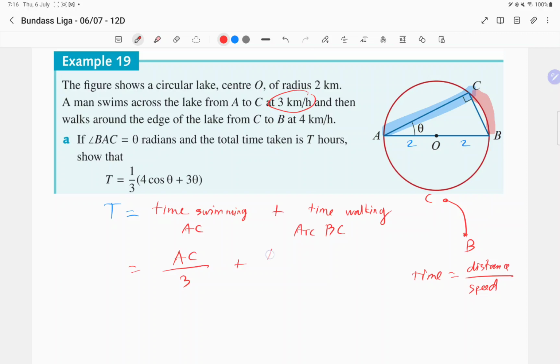And then the time walking is the length of arc BC over the walking speed, which is 4. So far so good? Okay. How do we find the length AC? Now we need to find AC, because remember we want t in terms of theta, because the function is of theta. How do we find t in terms of theta? Well, we need to get AC in terms of theta. How? We did this earlier.